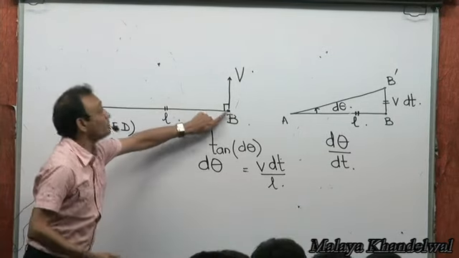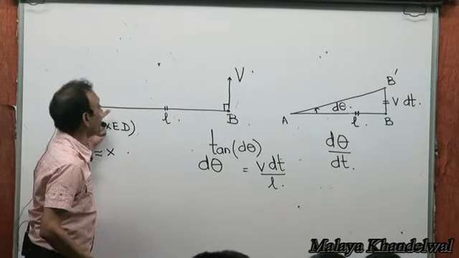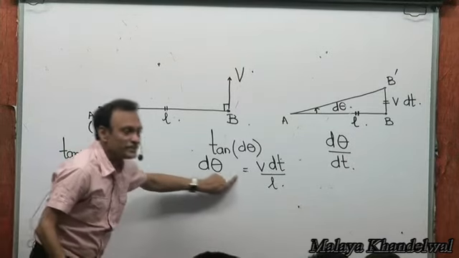Now, the angular velocity of B as reported by A would be the rate at which theta changes with time.